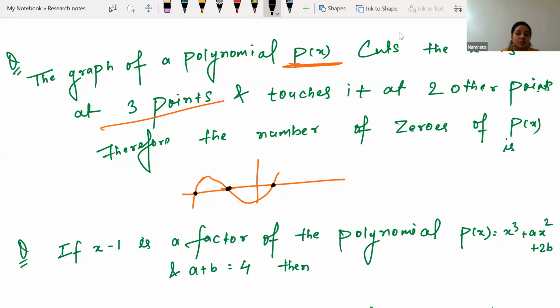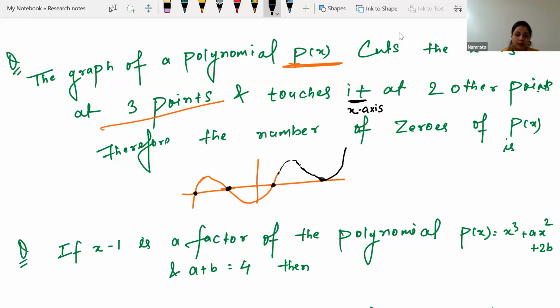And touches it. The graph is touching the x-axis at two other points. Touches means maybe like this.